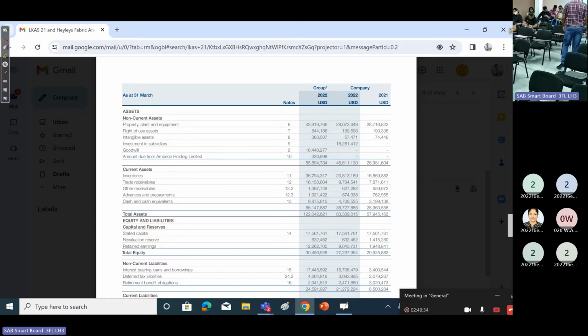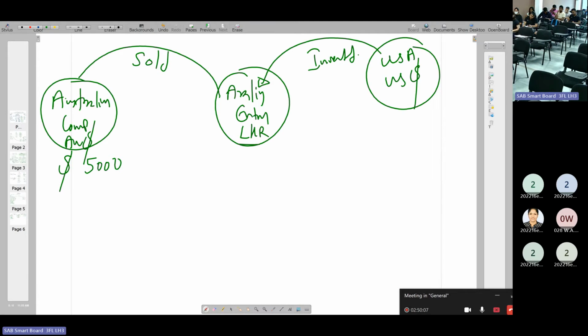Right? So what do you mean by presentation currency? In most cases, presentation currency and functional currency are the same. But presentation currency is the currency in which financial statements are prepared. In this example, this USA investor can request that the financial statements be prepared in US dollars.